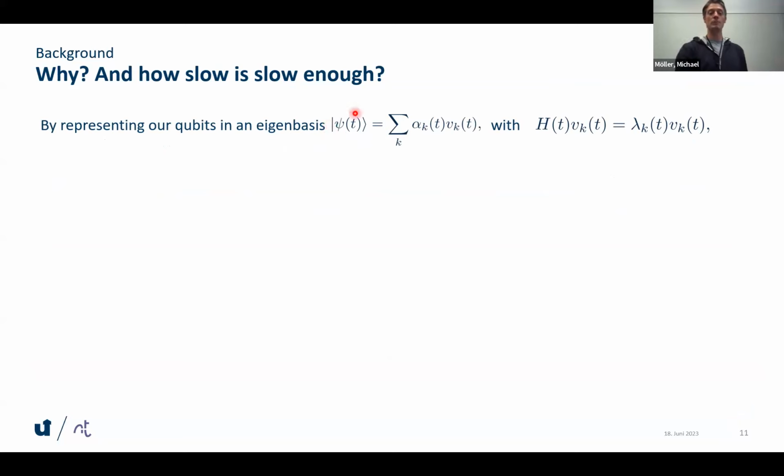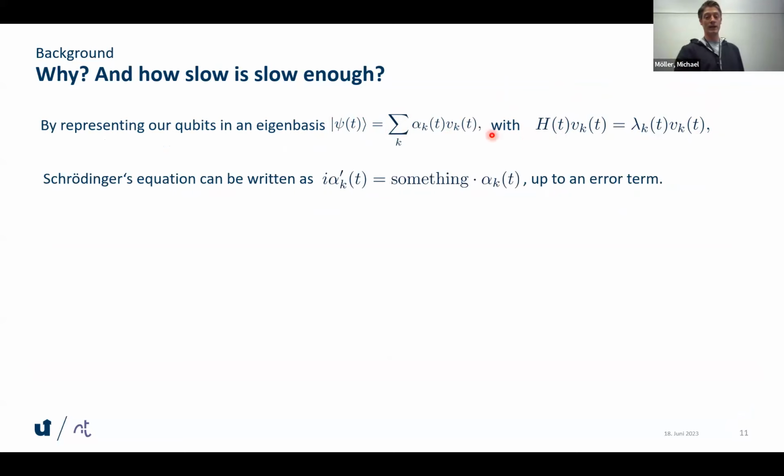So if we represent this psi here in some basis of eigenvectors of h of t for each time step t, then we get for the coefficients basically I times alpha prime is equal to something times alpha prime. So this thing you can indeed solve and know how to solve.